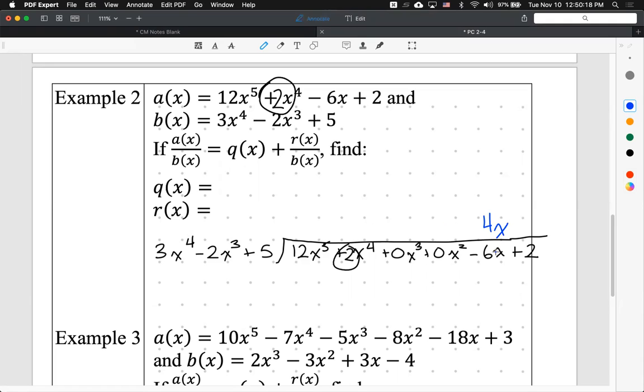Another volunteer, distribute 4x into these three terms. Yes. The reason that I do that also is once I hit this spot, then I'm done. Everything else is the remainder. It tells me when I have the remainder. Beverly, go ahead and distribute it, please.